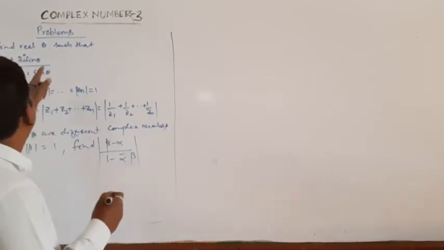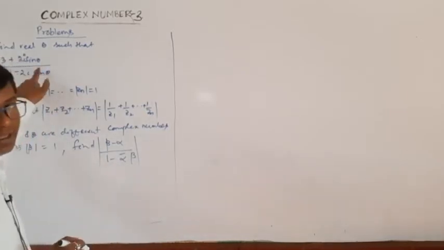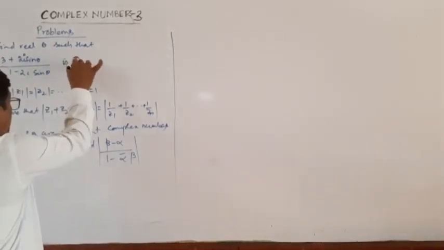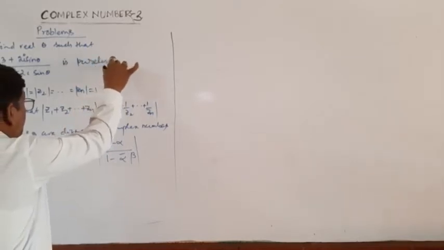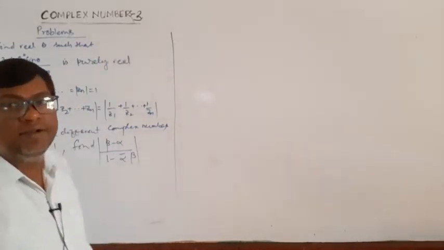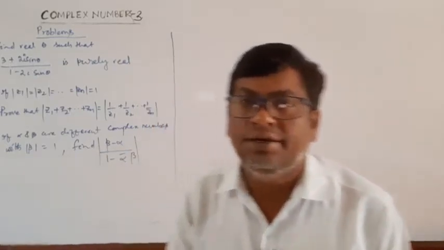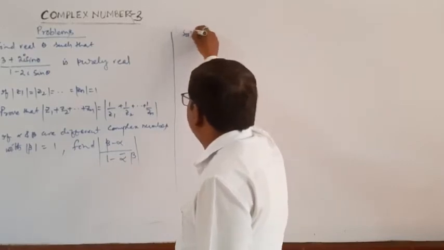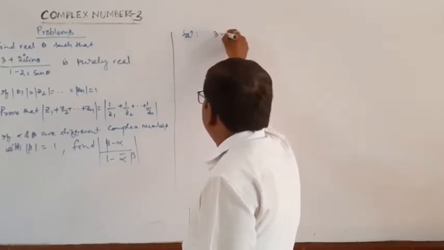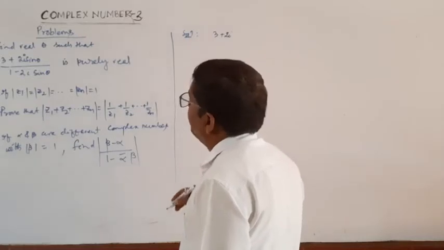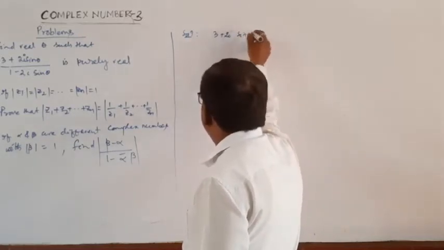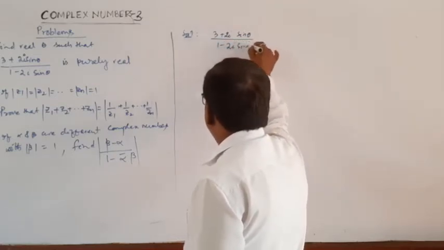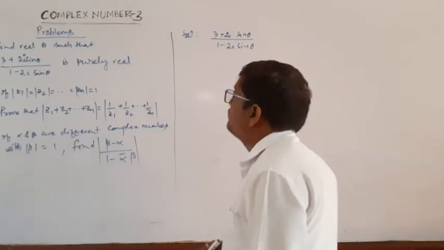Find real theta such that 3 plus 2i sin theta divided by 1 minus 2i sin theta is purely real. Okay. So solution of question number 3, that is 3 plus 2i sin theta divided by 1 minus 2i sin theta, that is purely real.